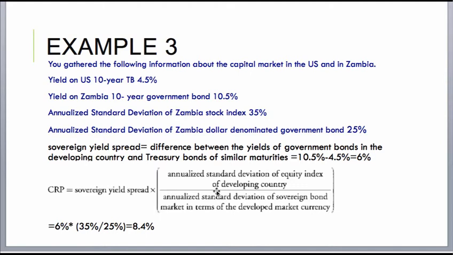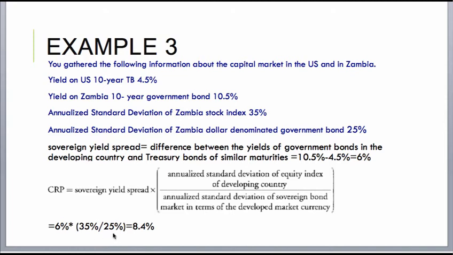And then we need to look for the annualized standard deviation of the equity index in Zambia, which is 35% here, right? So we put 35% here and divide by the standard deviation of the Zambian dollar-denominated government bond, which is 25%.